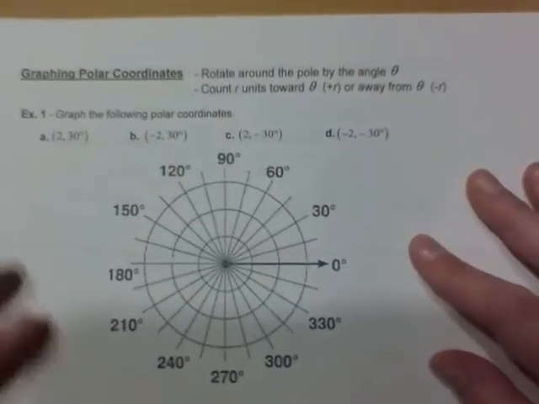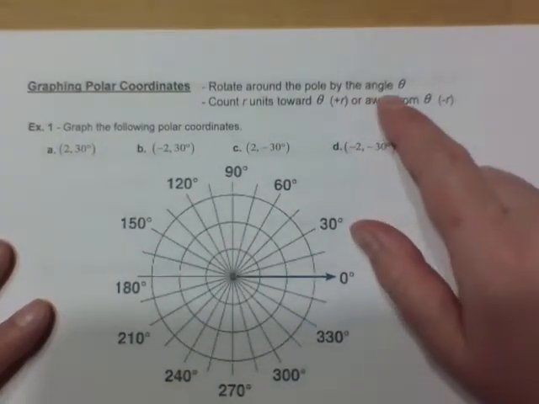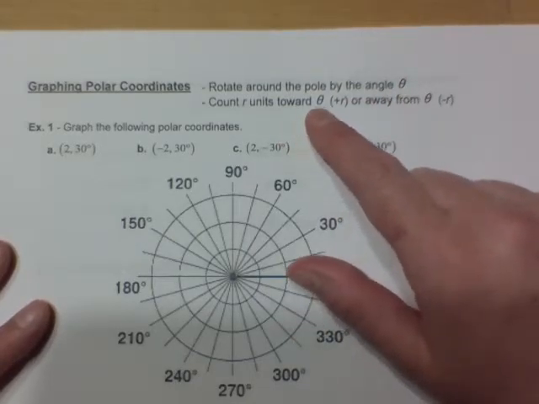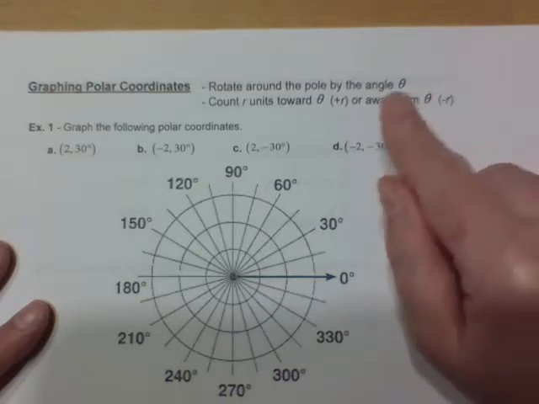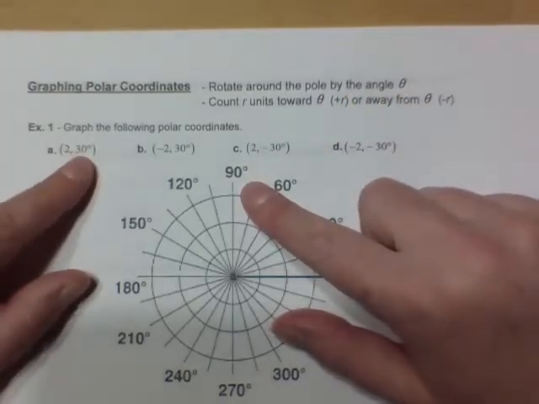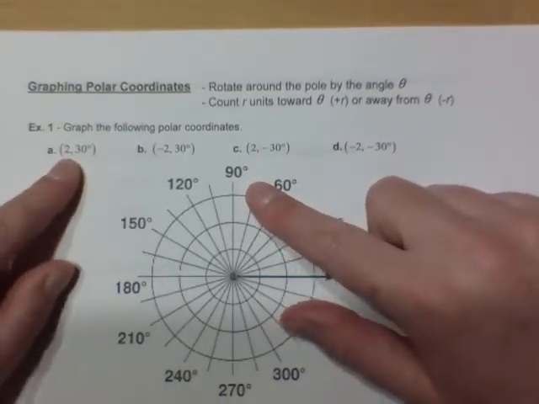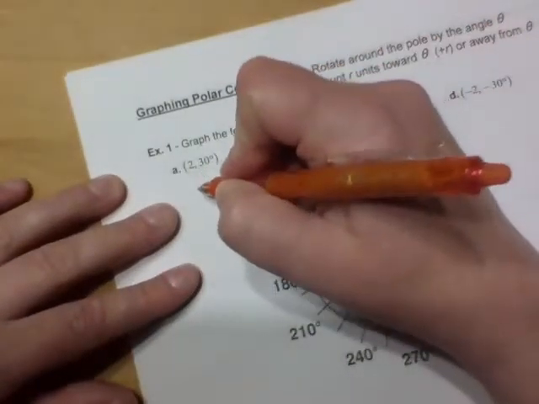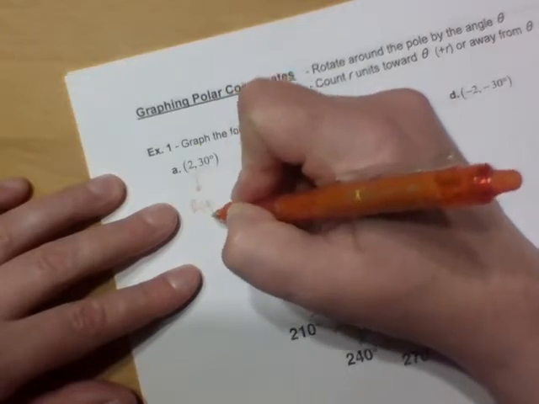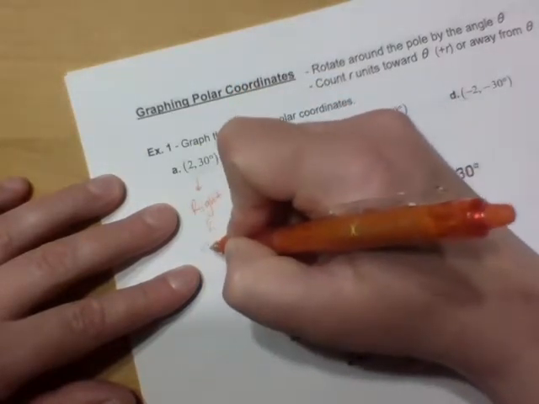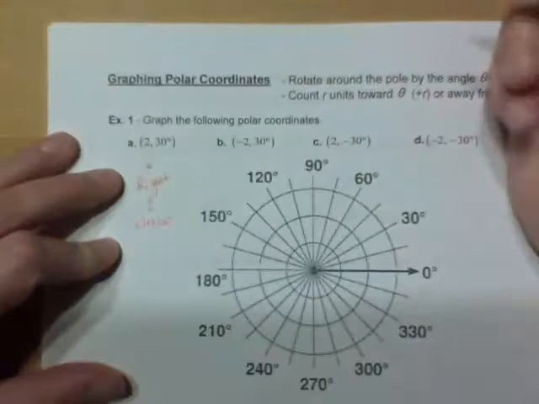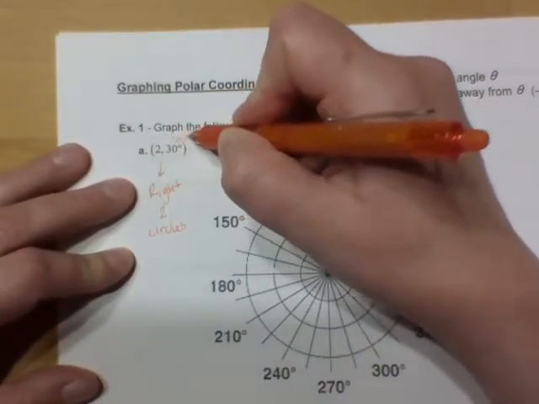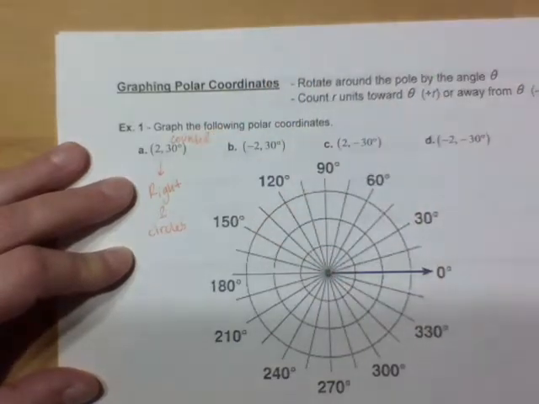So trying that out, we are going to rotate around the pole by an angle of theta and count r units towards that theta, to the right or to the left. Taking a look at the first one here, 2 means that you are going to go right 2 circles, and then 30 degrees in the counterclockwise direction.